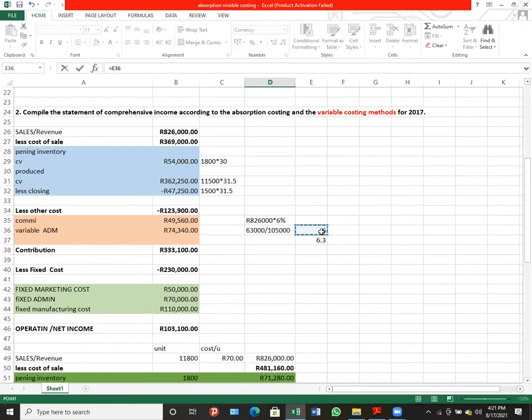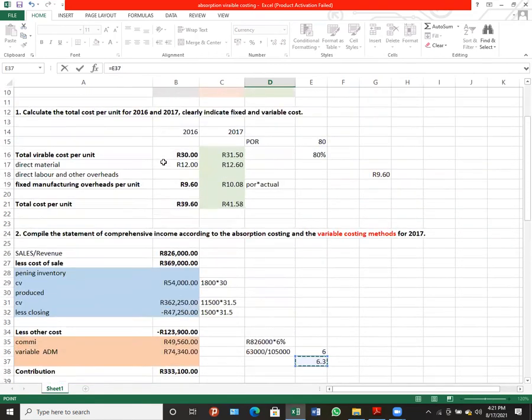Because they said from the beginning of 2017, the variable cost will increase by how much? By 5%. You're going to increase this by 5%, and you're going to get 6 rand 30. And then 6 rand 30 times units produced. How many units did we produce this year?